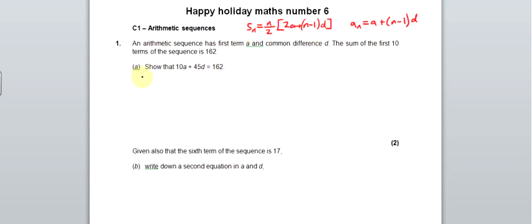So the sum of the first 10 terms is 162, which means that n is 10.